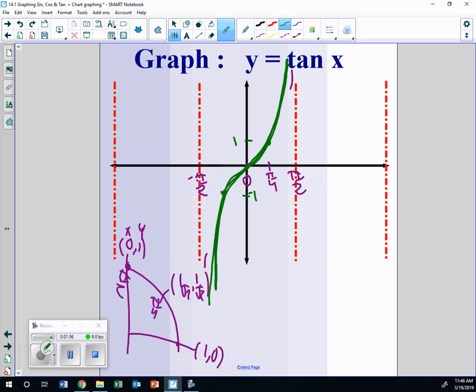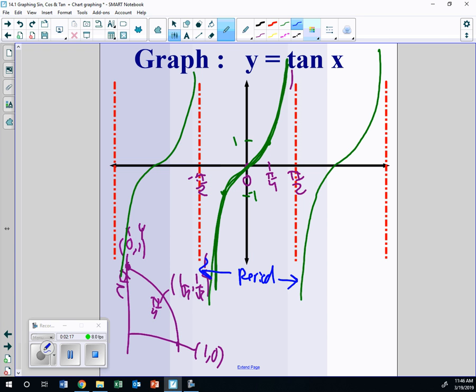And if you continued it, there'd be a block here, and then you would go for the next one, and same thing for that one. It repeats. If this is negative pi over 2 to pi over 2, what would you say is the period for tangent? It's not 2 pi.